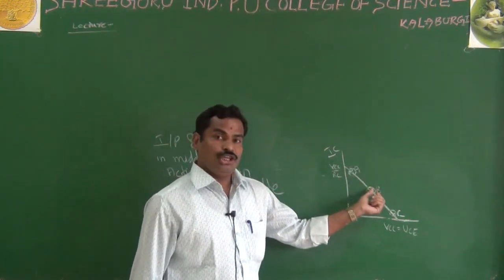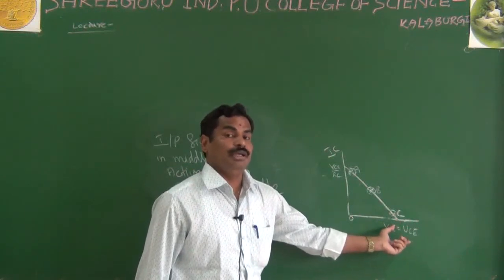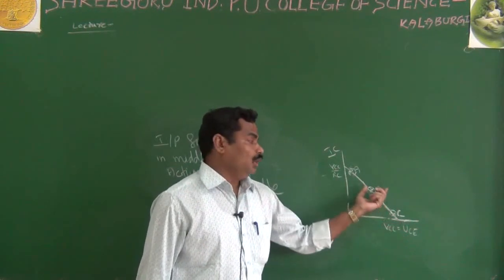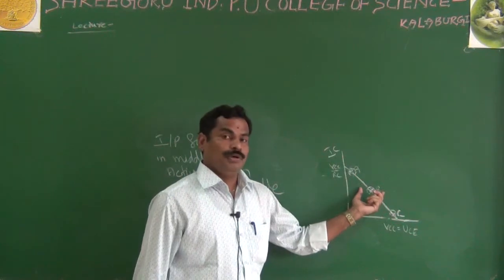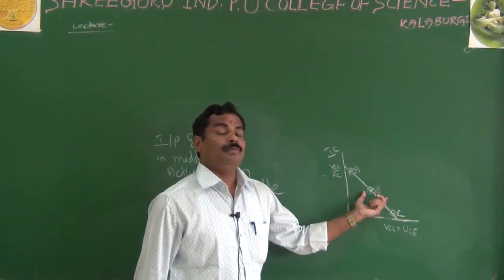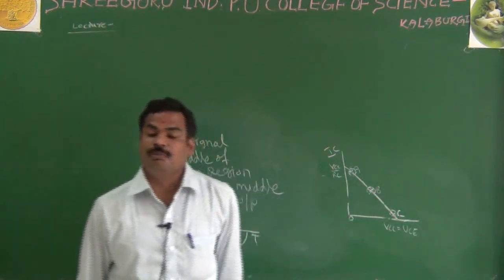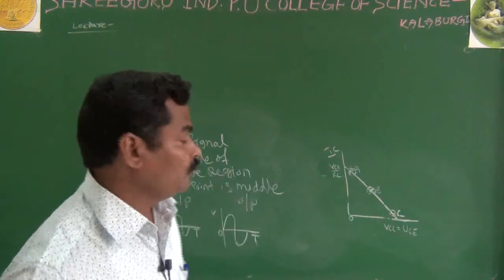If the Q point shifts towards cutoff, the negative half cycle may clip. Only if the Q point is in the middle of the region will you get 100% output, or faithful amplification. This is the importance of your Q point.